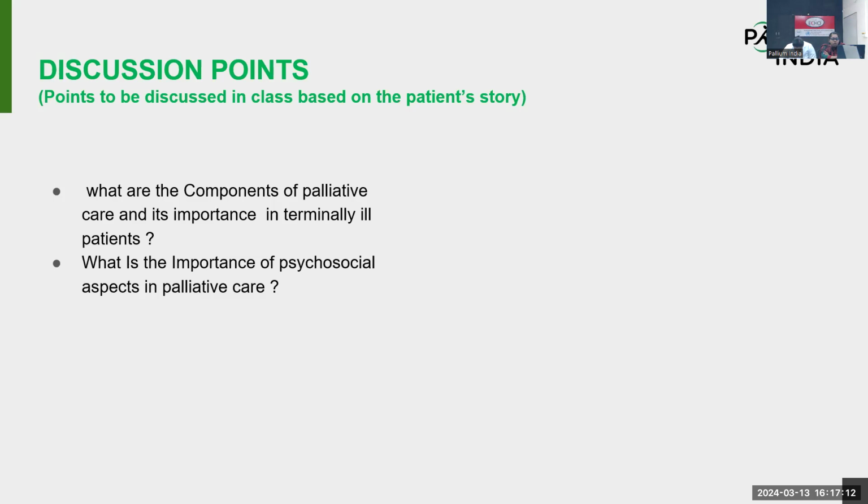So what we can do is have an individual conversation with the patient and the family. You have to listen to the patient, and also to the family. You have to make them understand why they are blaming. There is no point.